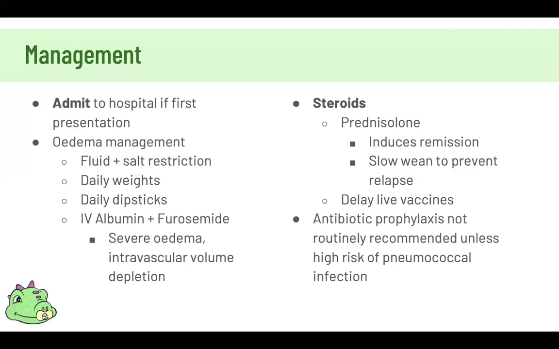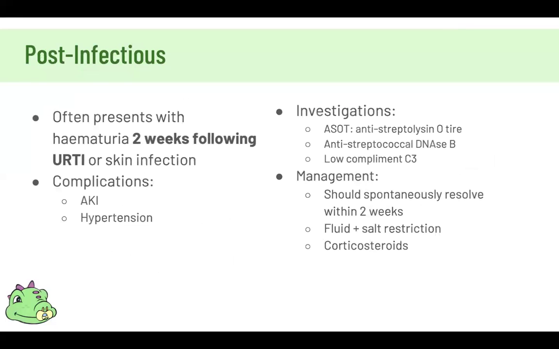Just to note that if they're given Pred or some sort of steroid to treat nephrotic syndrome, they can't have live vaccines during this period. So just delaying live vaccines until the treatment course is over. Antibiotic prophylaxis isn't recommended unless there's a particularly high risk of pneumococcal infection. So that would mainly be for immunocompromised kids.